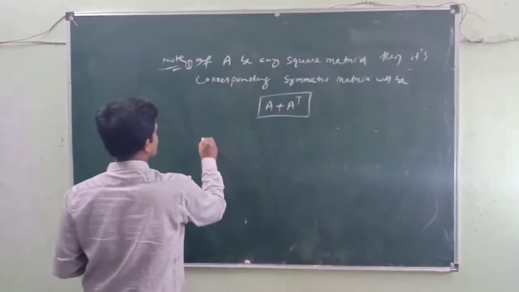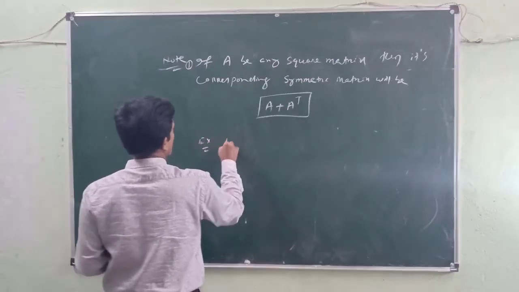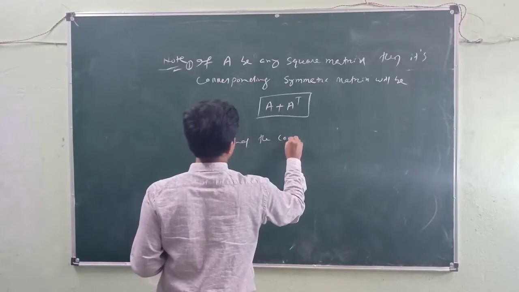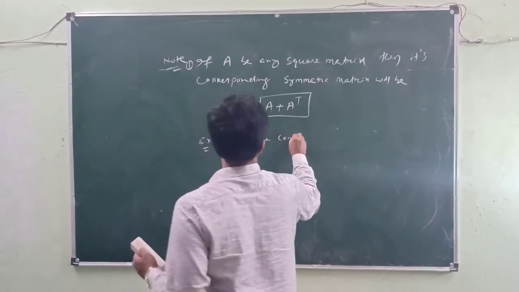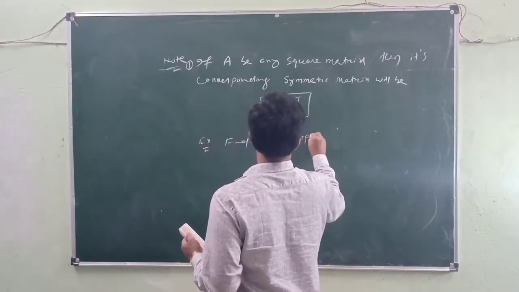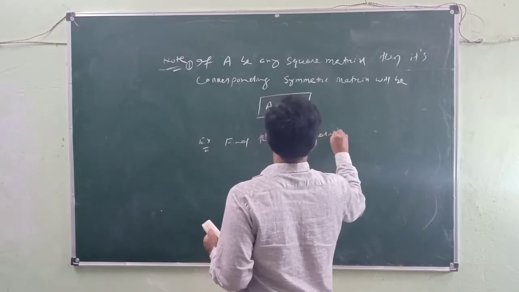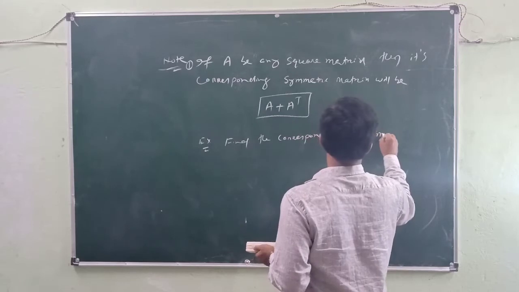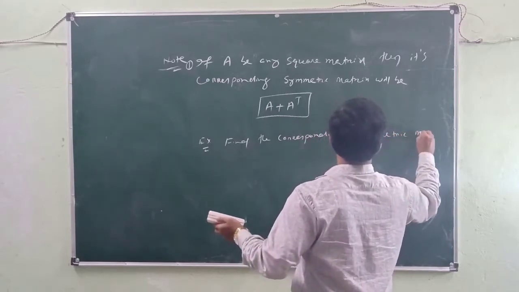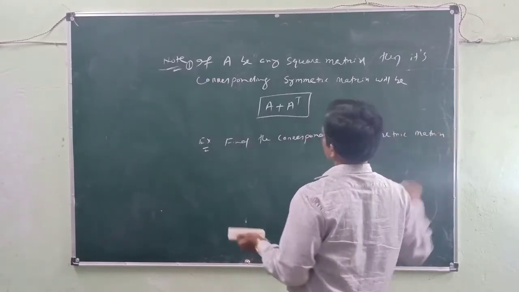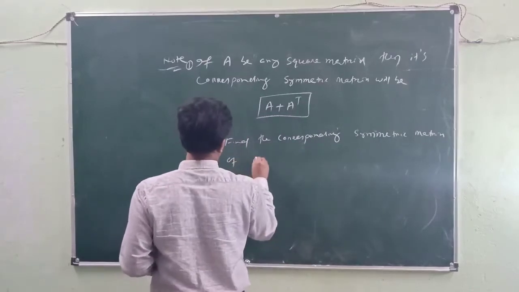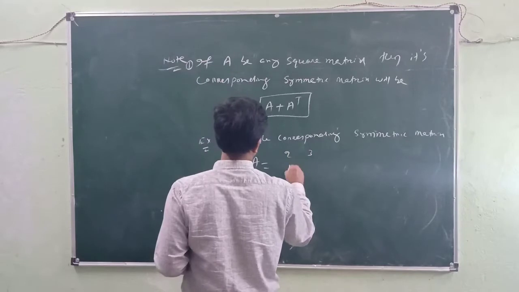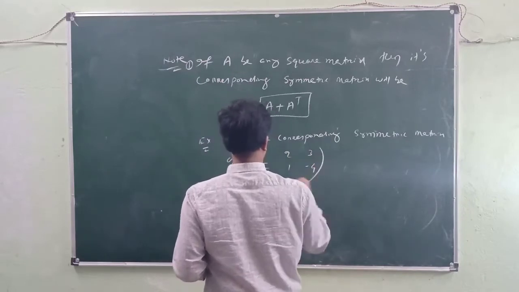For example, find the corresponding symmetric matrix of A equal to 2, 3, 1, minus 4.